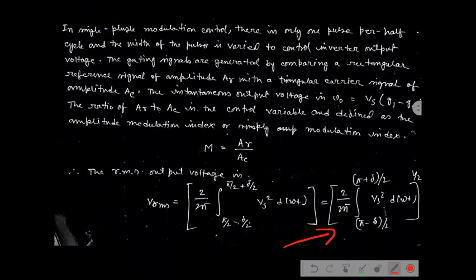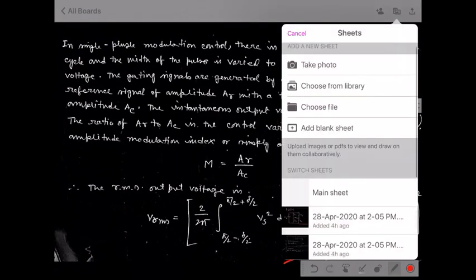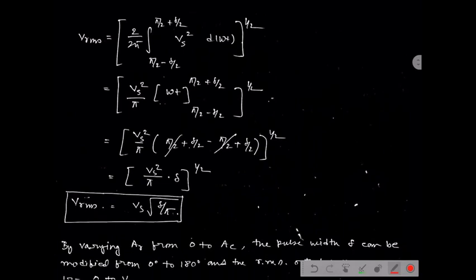The next part is reflected on the next sheet. After simplification, the RMS value is defined by Vs square by pi times omega t, with lower limit pi by 2 minus delta by 2 and upper limit pi by 2 plus delta by 2, all under root.